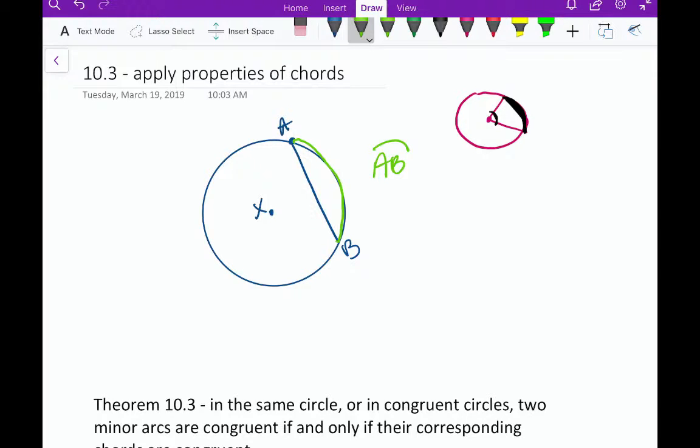It's not necessarily that I can find the measure of that arc, but what I do know is that there is an arc there formed by chord AB, which is a segment whose endpoints are on the circle. So just understand that no matter where I draw a chord, that chord then creates an arc. It doesn't need to be from a central angle like that.